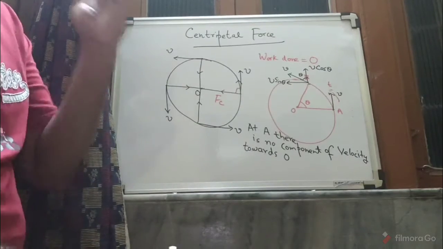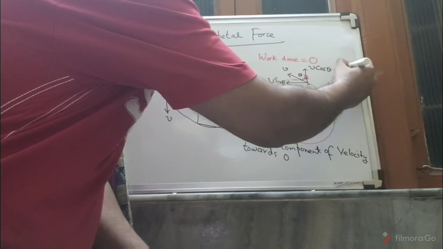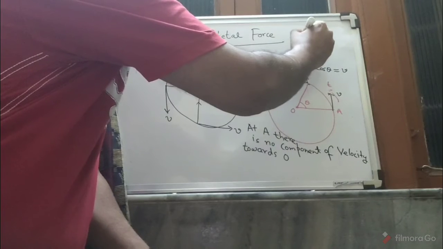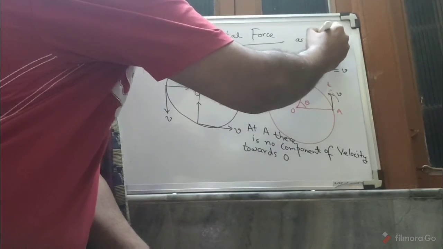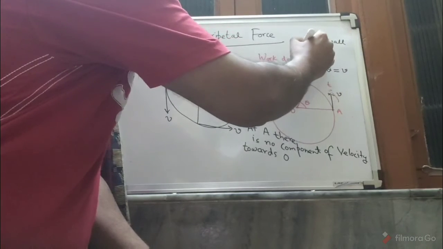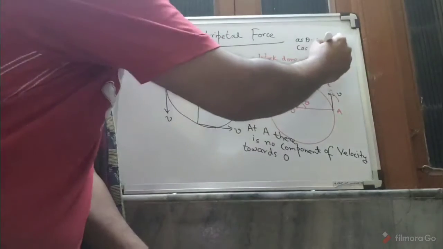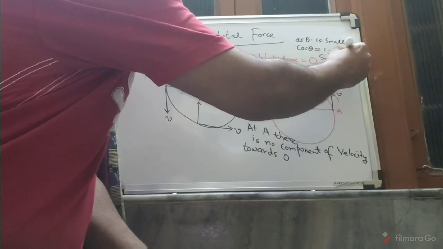So the v cos theta component is almost v. Why? Because as theta is small, cos theta is almost equal to 1 and sin theta is almost equal to theta.